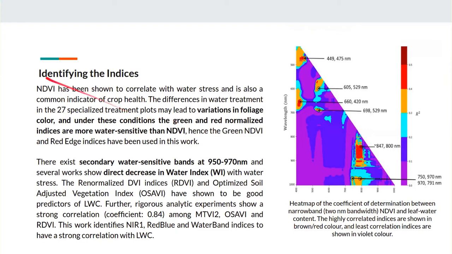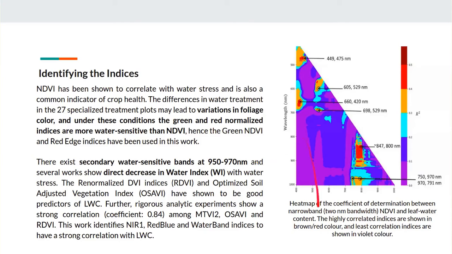We also use NDVI, green NDVI and red NDVI, because under variations in the foliage color, the red and green NDVI are more water sensitive. We also identify the water index in the 950 to 970 nanometer band. And as stated before, we only go up to 1000 nanometers because that's a more realistic capture range than using more expensive equipment.